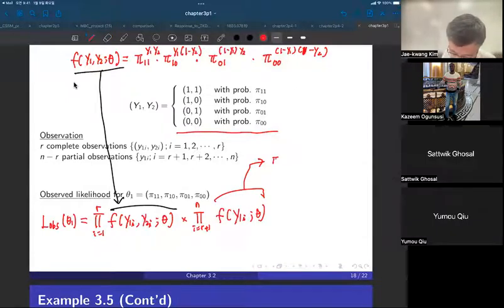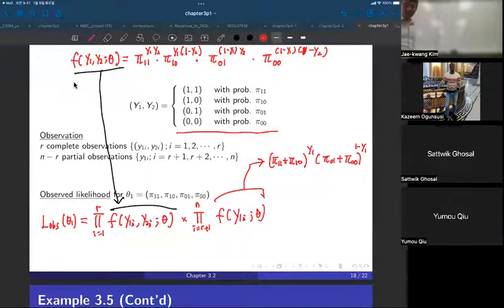Because we only know y1, it is pi 1,1 plus pi 1,0, to the power y1, times pi 0,1 plus pi 0,0, to the power 1 minus y1. Because this is the probability for y1 equal to 1, and this is the probability for y1 equal to 0. That's it. But if you think of putting all these density functions into this function, it's very complicated, right? It's very unpleasant.